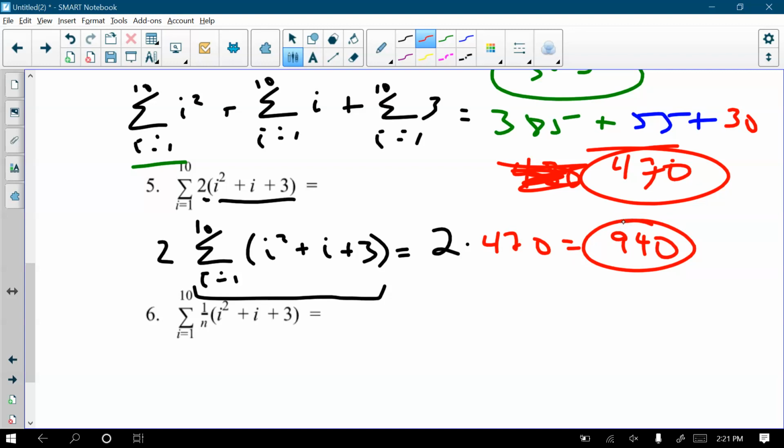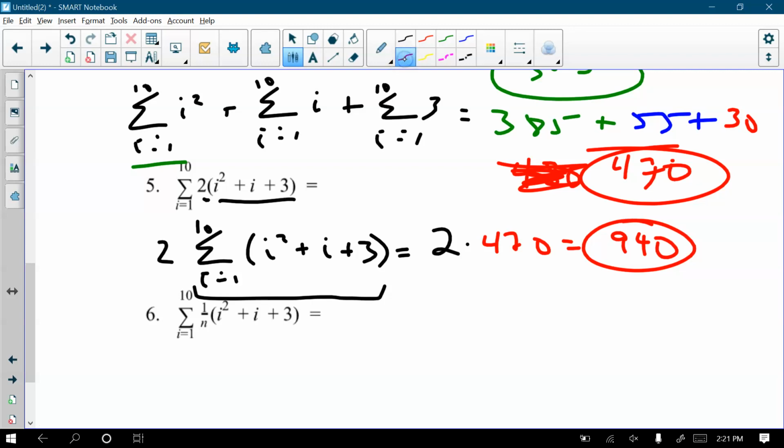A good thing to review here is when can you not take something out? When are you not allowed to take something out of a summation? You cannot take a number out of a summation if the number depends on i. I'm just going to pause there and let that absorb. You cannot take something out of a summation and put it in front of the sigma if that number is dependent on i.